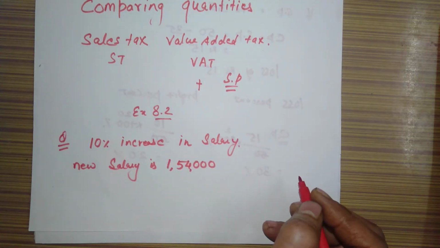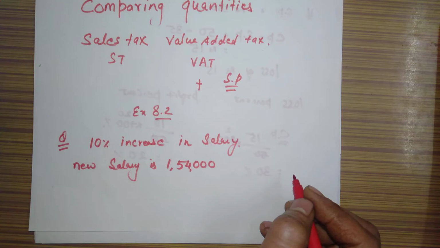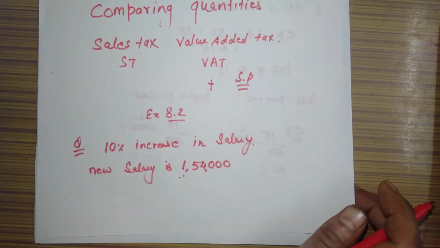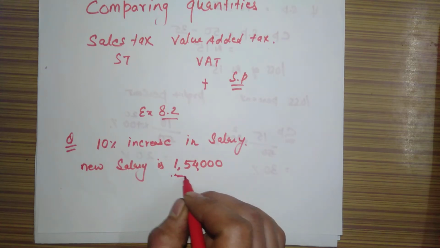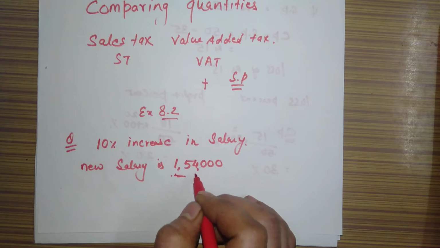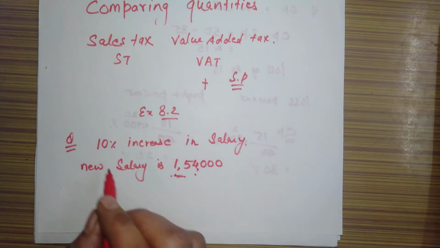This is the new salary. Then you have to find out the original salary. This is the increased salary which the man has got, and he has got this increased salary on his original salary.